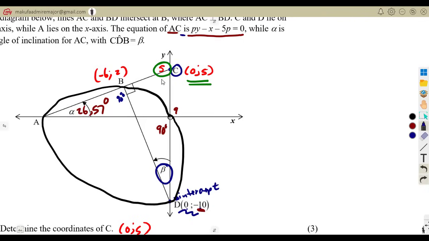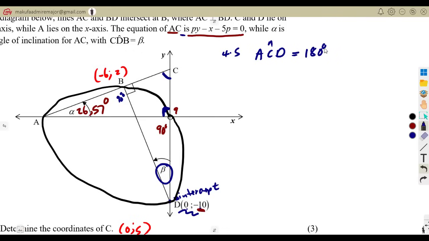All right. Let's find the angle that is at C here. Remember, this one is 90 degrees. So the angle at C, which is ACD or ACO, is going to be from 180 degrees. Remember, angles in a triangle, guys.